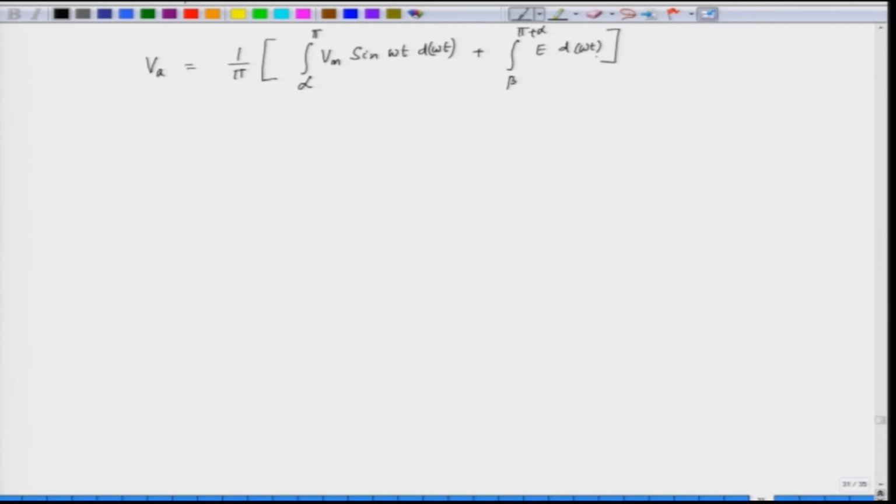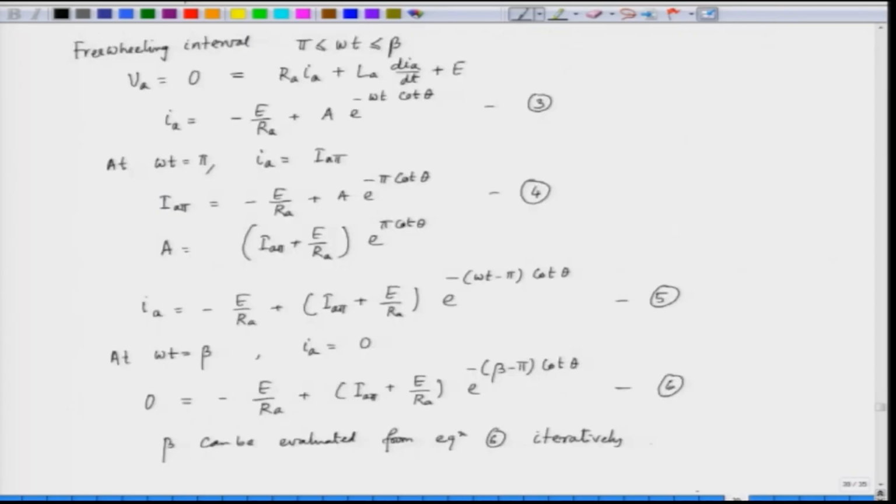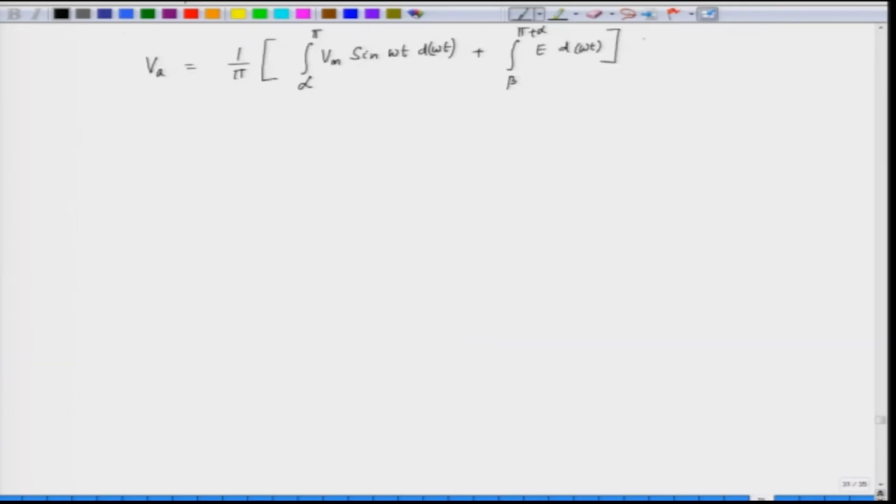Now, if we see the voltage waveform here, the voltage from alpha to pi is V_A, and then the voltage is 0, and then the voltage is again some finite value, that is E, from beta to pi plus alpha.